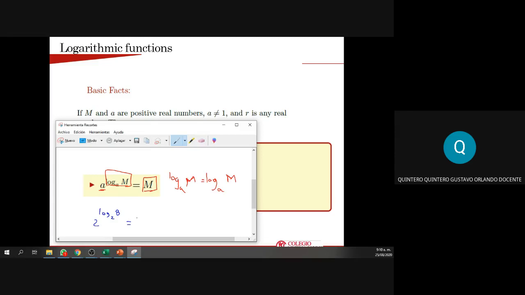Equals 8. Right? This is the same. Why? Look at this value. How much is logarithm to the base 2 of 8? We know that this value is 3. We already did that operation. So this is 2 elevated to the 3. Well, that is 8. It's exactly the same.